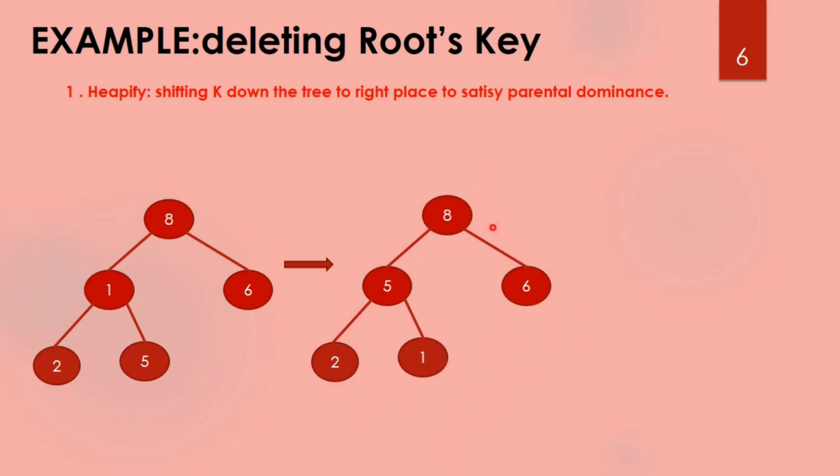So remember, the maximum deletion process needs to traverse from the root till the leaf. So as the tree's height is log n to the base 2, the time efficiency of deletion is also order of log n.